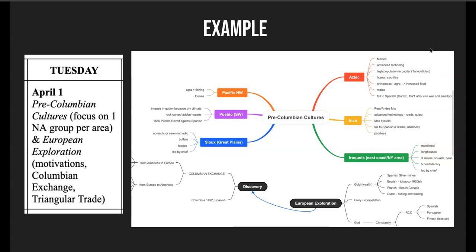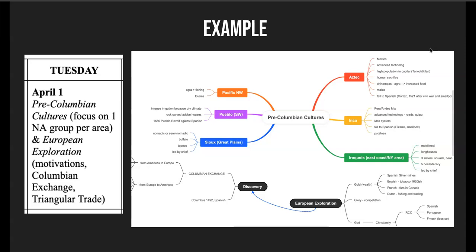Well, I've got the Aztec and the Inca, and then it says one group per area, right? So if you think about the geography of the United States, you've got the farming agricultural ones east of the Mississippi River. Then you've got the Great Plains, who are nomadic, and then you've got the Pueblo in the Southwest and the Pacific Northwest that does fishing. So that's how I've kind of organized my groups.